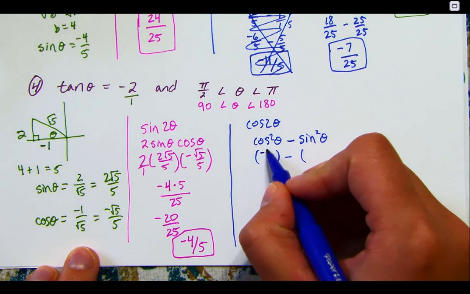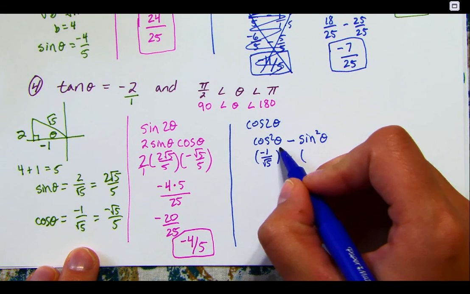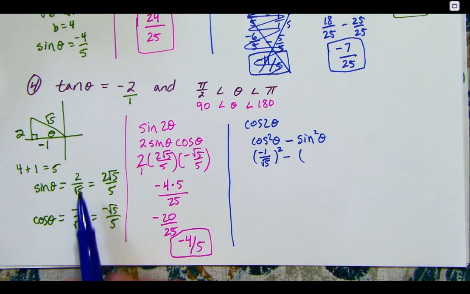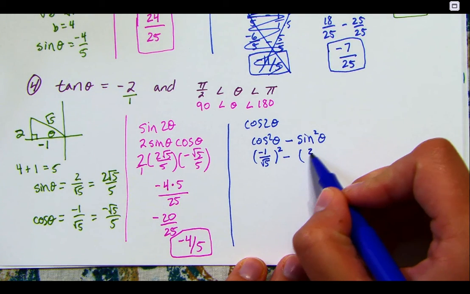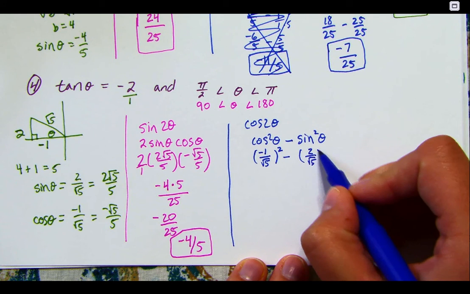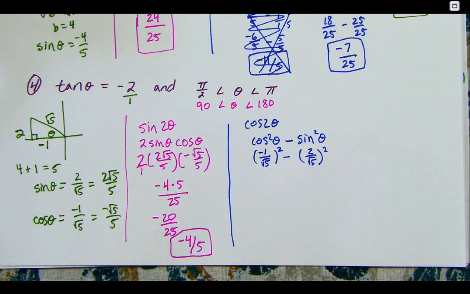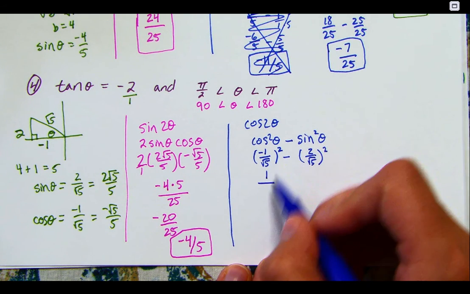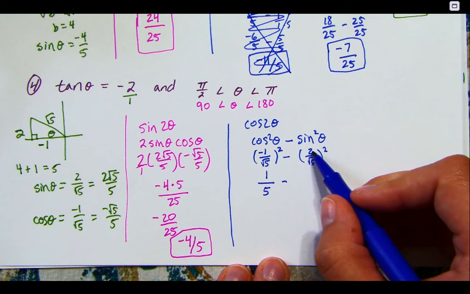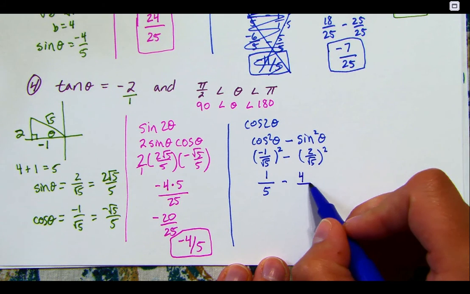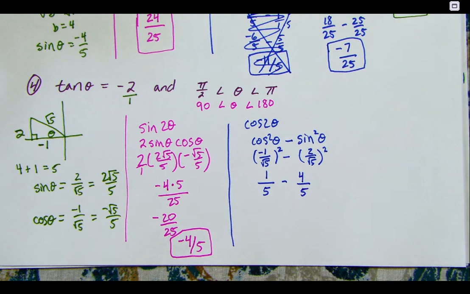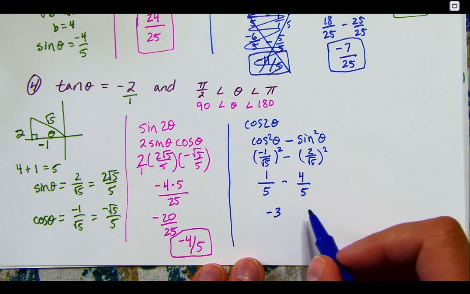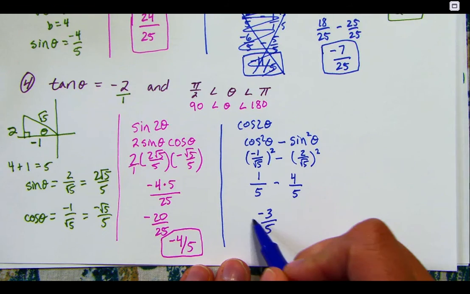So this will be -1 over the square root of 5, and then I have to remember to square that. And then sine, same thing. I'm going to go back to this one and use this before we rationalized. That's just going to make our calculations a little bit easier. Okay. So squaring the numerator, that just becomes a +1. And then square root of 5 squared is 5. 2 squared is 4. Square root of 5 squared is 5. So 1 minus 4 is -3 over 5.